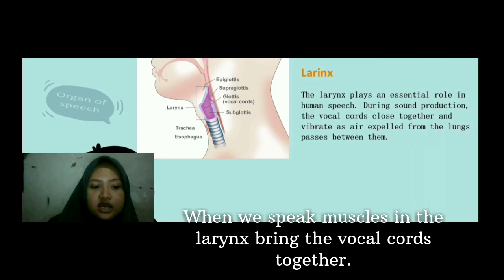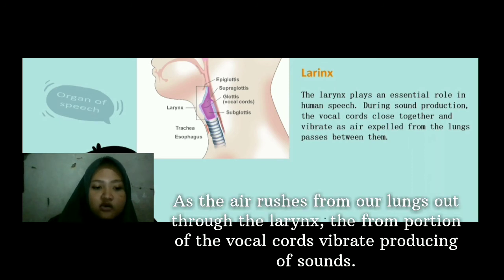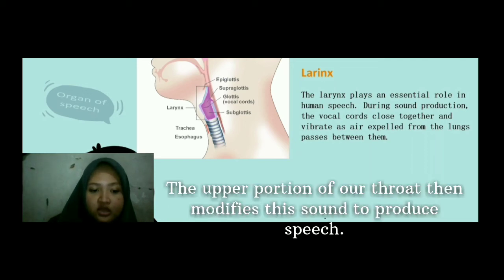As the air rushes from our throat, the larynx, the front portion of the vocal cords, vibrates, producing sound. The upper portion of our throat modifies the sound to produce speech.